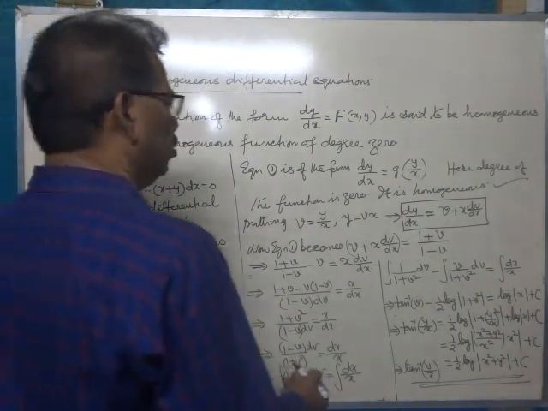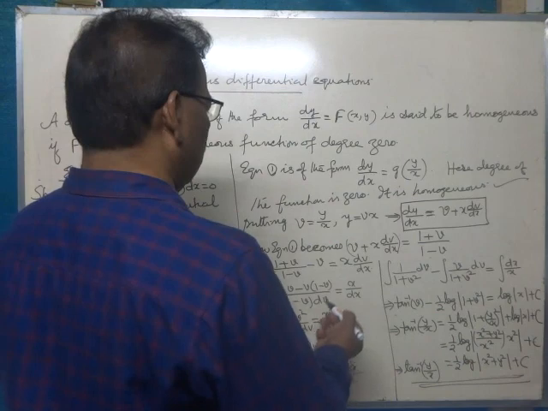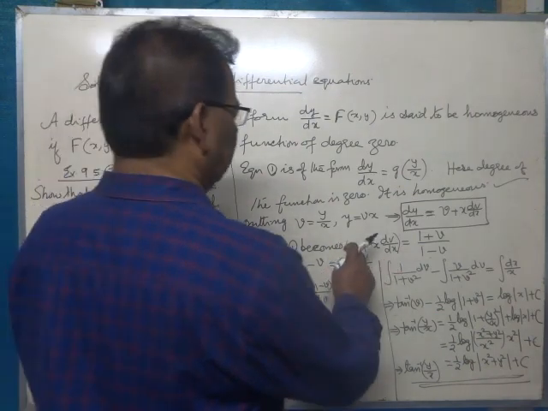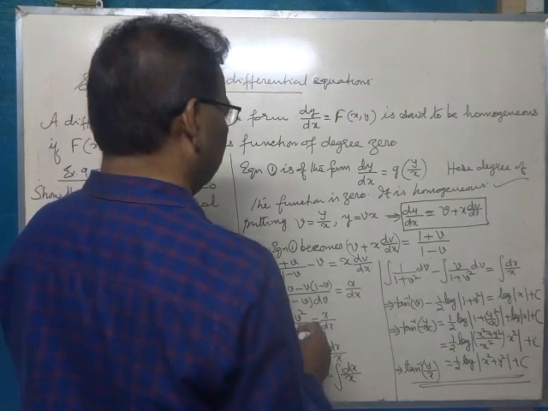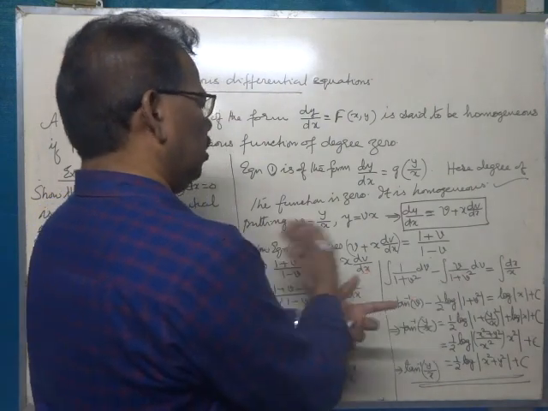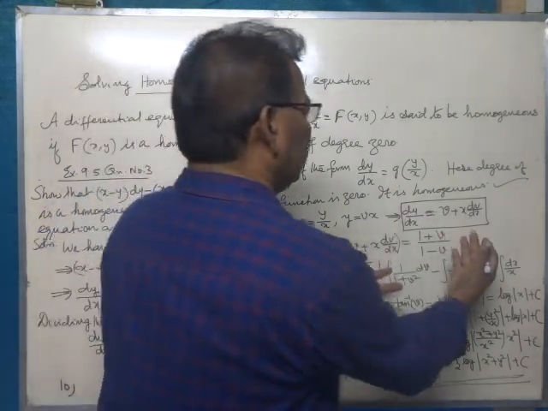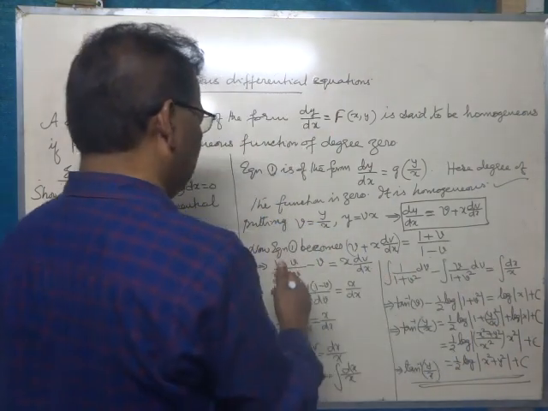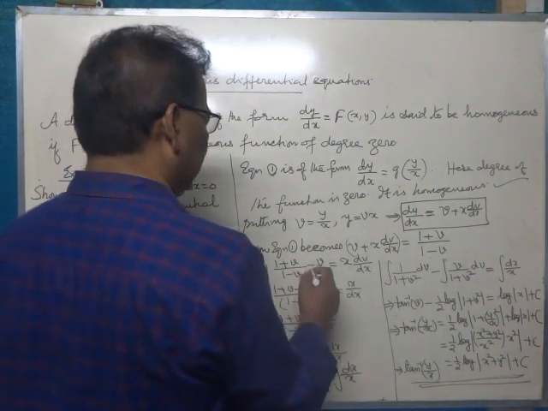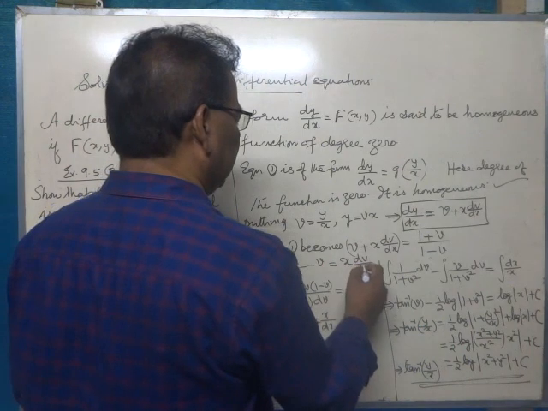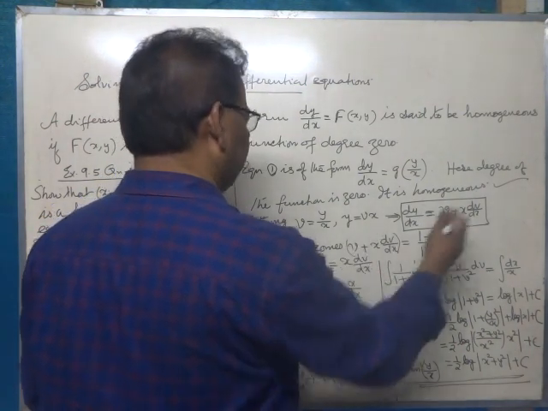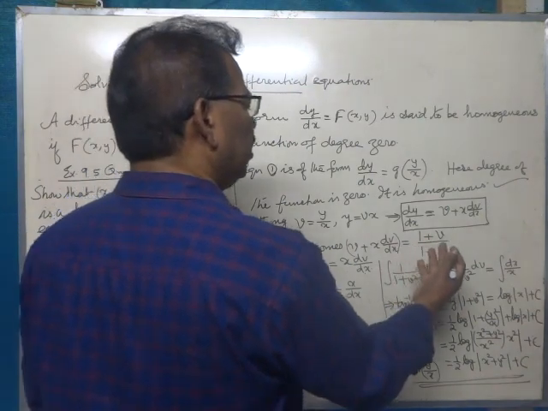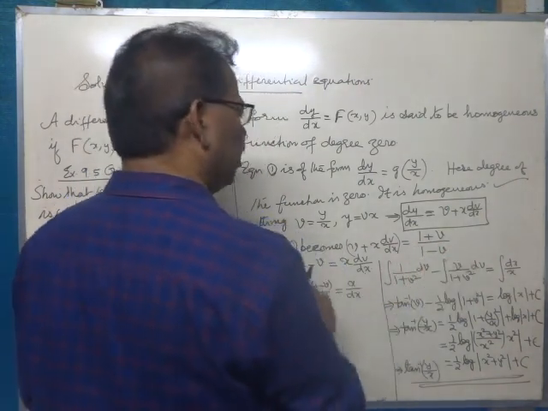Now we shall shift this v to the right side. Therefore, the portion on the right is placed on the left: (1 plus v) by (1 minus v) minus v is equal to x dv by dx.